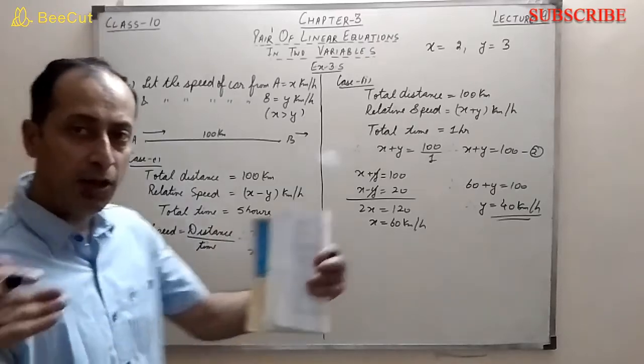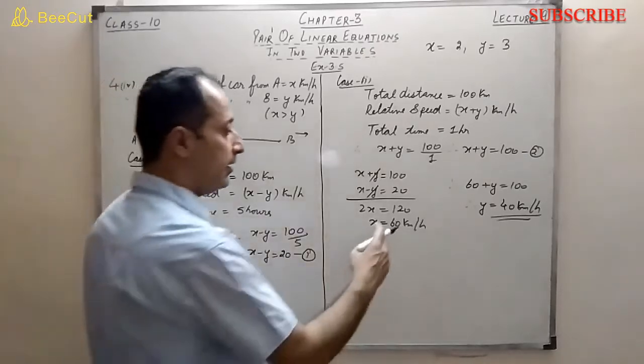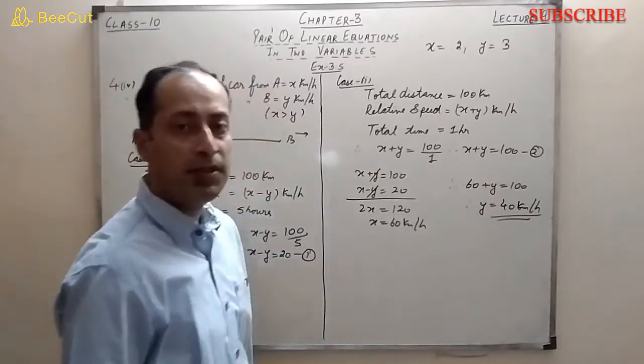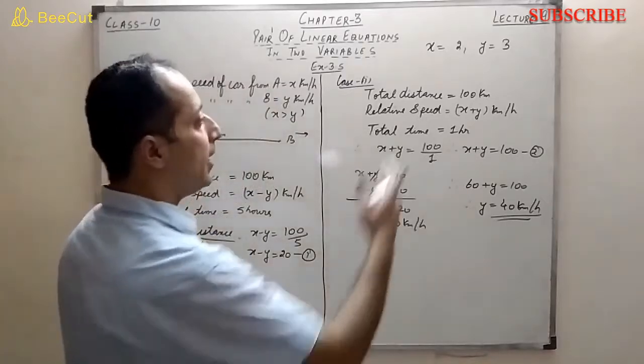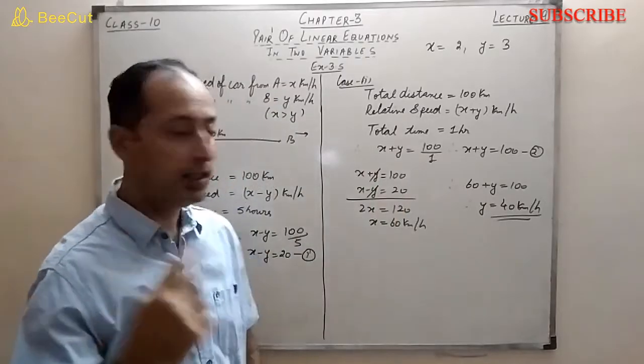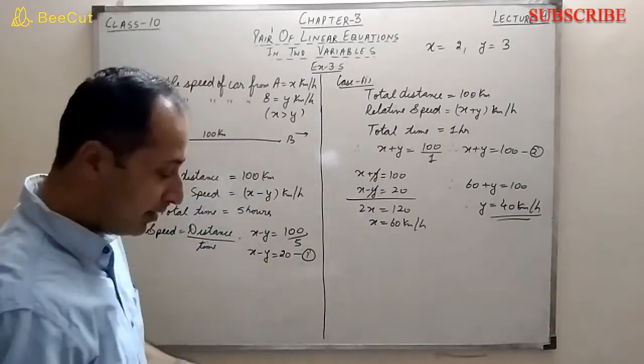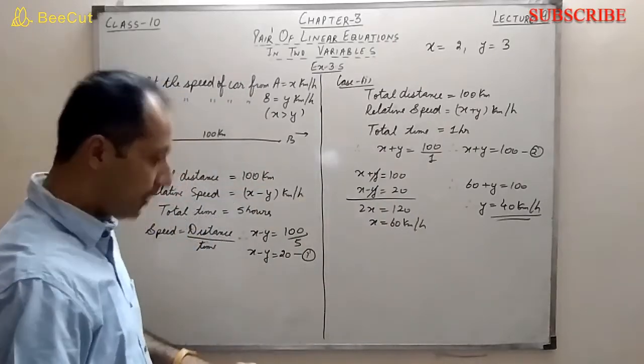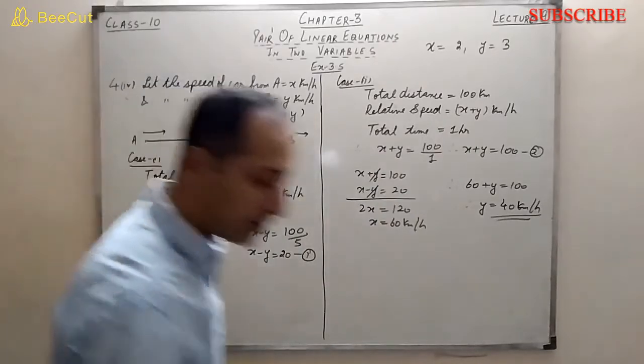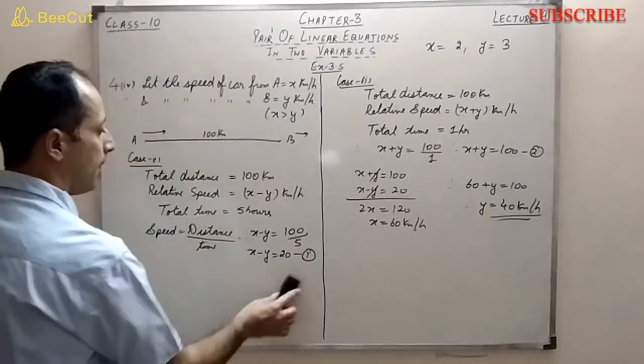Now when they are moving in the opposite direction, the speed gets added. It will be 60 plus 40, 100 km per hour, and 100 upon 100 would be 1 hour. So that is the time given to us as 1 hour, right? Let's go to the last part of this question to conclude the exercise.